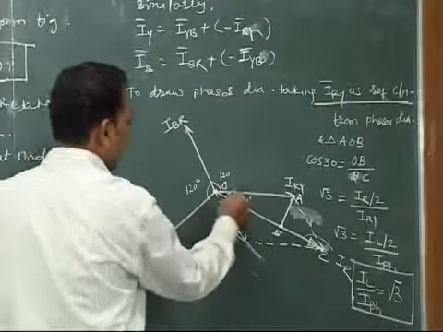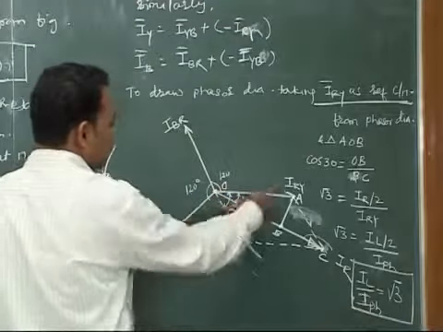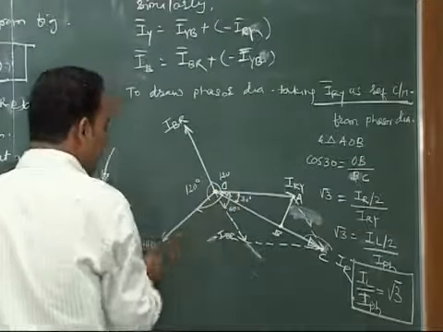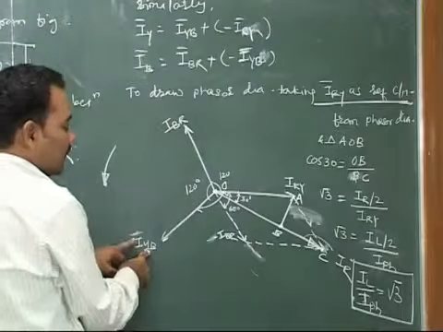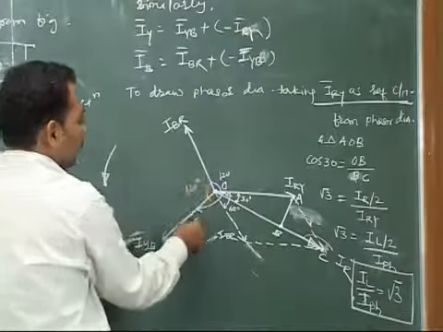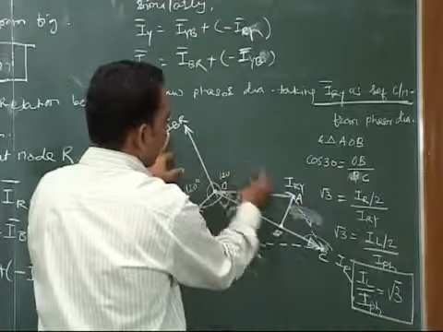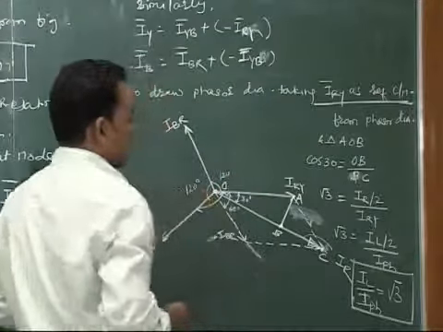So IRY, then IYB and IBR. IYB is lagging behind IRY by 120 degrees. Similarly, IBR is lagging behind the phase current IYB by 120 degrees, and IBR is leading the phase current IRY by 120 degrees.